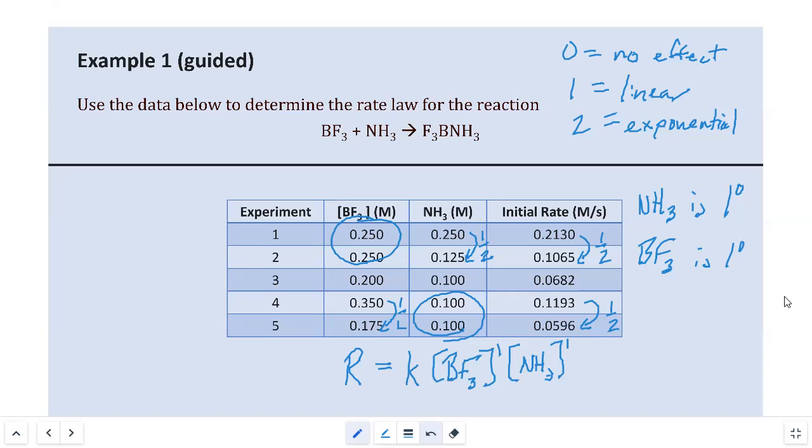That's my rate law. My rate law is first order in boron trifluoride, first order in ammonia, and second order overall. Again, to find the overall order, all I do is add together those exponents.